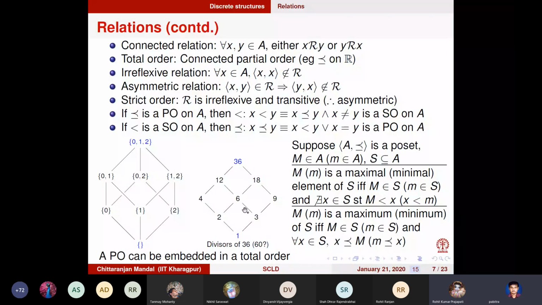Whereas a maximal element is one for which there is no other element in the subset which is strictly greater than it. These two differences you try to remember. We will use them extensively.